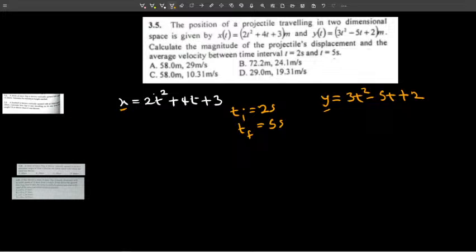So we'll find the displacement of the particle on the x-axis, and find the displacement of the particle on the y-axis. Then use the formula for resultant of a vector, which is, for example, if the vector is r, that will become r square. Are you following? R square equals rx square plus ry square.